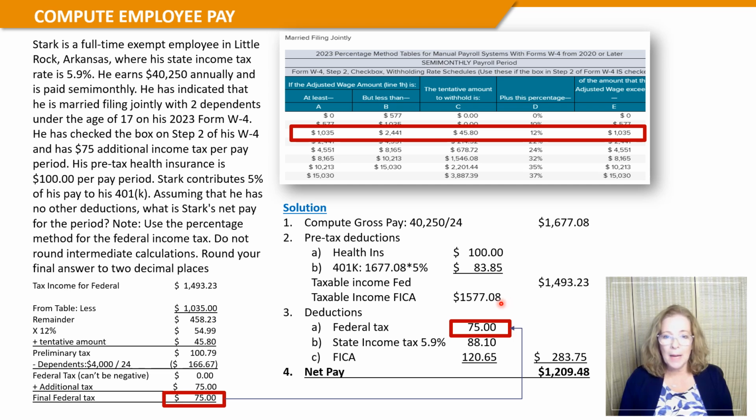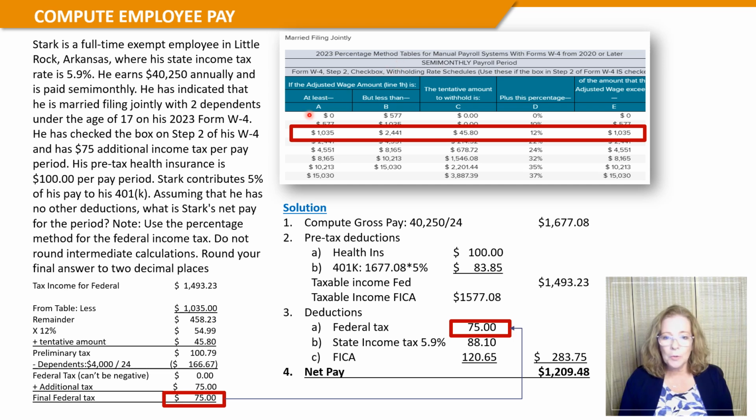Now we're ready in step 3 to calculate the federal taxes. We do that by looking up $1,493.23 in the percentage table of married filing jointly, box 2 checked, in the semi-monthly payroll period.